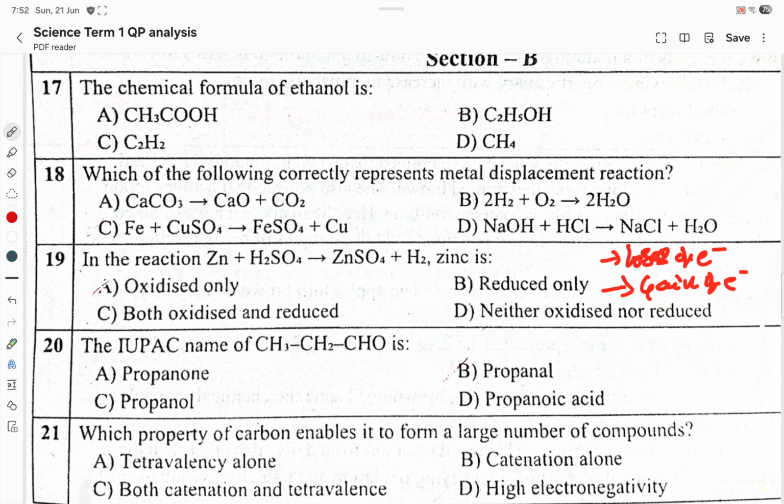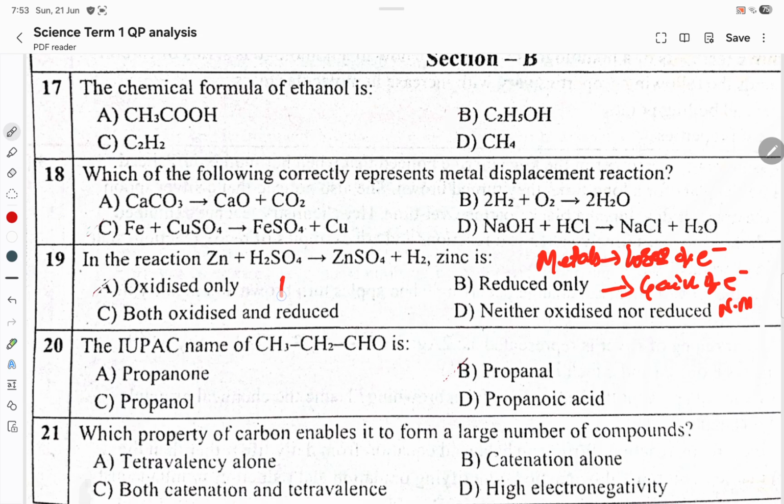Generally, metals lose electrons and form cations. Non-metals gain electrons and form anions, right? Now listen carefully. Metals lose their electrons to attain an octet electronic configuration. Loss of electrons is called oxidation.